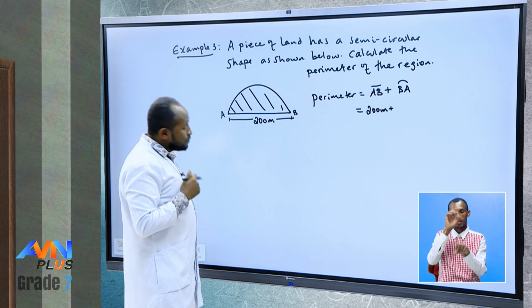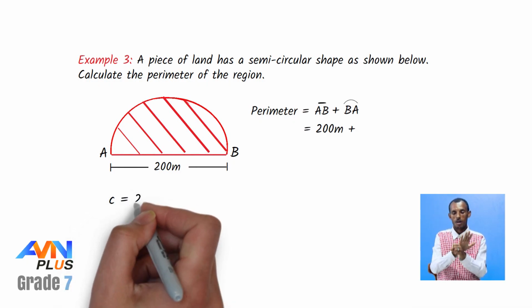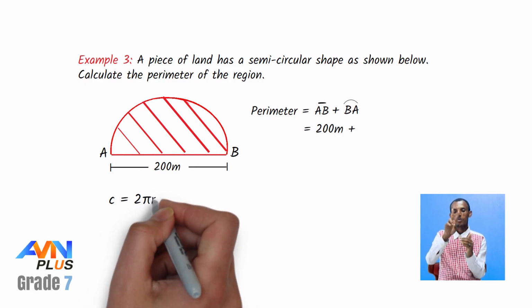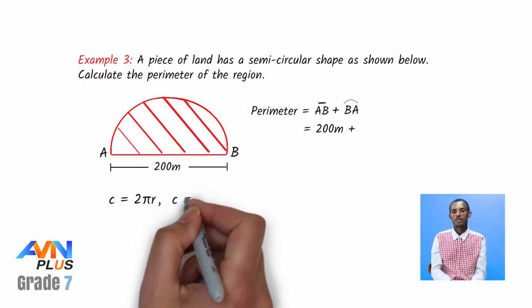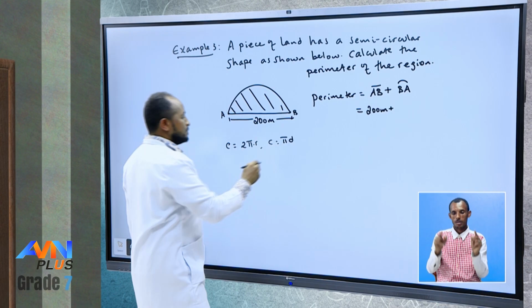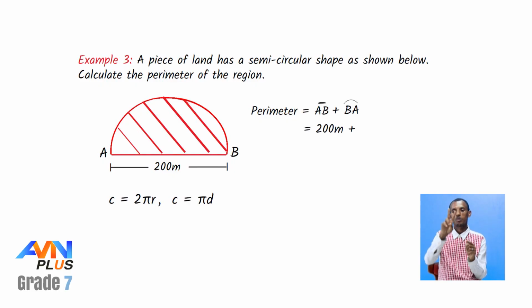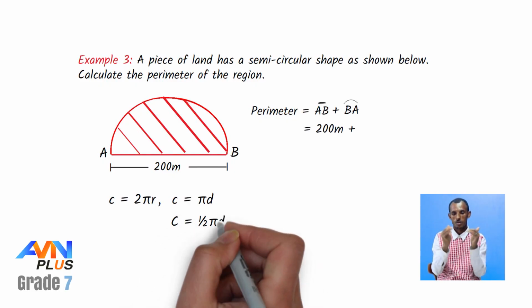So you know that the circumference of a full circle is 2 pi times radius, or pi times diameter. But for half of a circle, this equation becomes half of the circumference of a full circle.